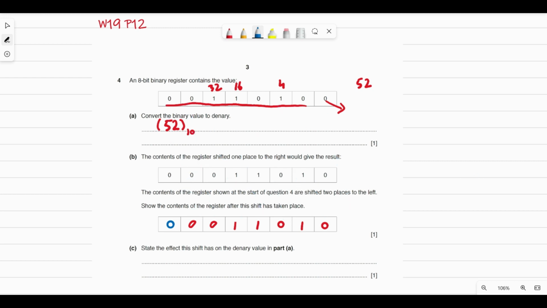Now we'll again compute the number: 2, 4, 8, 16. 16 plus 4 is 20, 24, then 26. It is 26. The original number was 52.